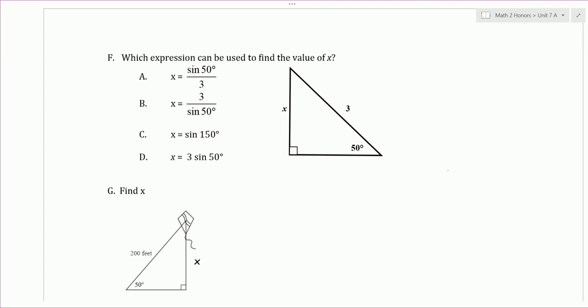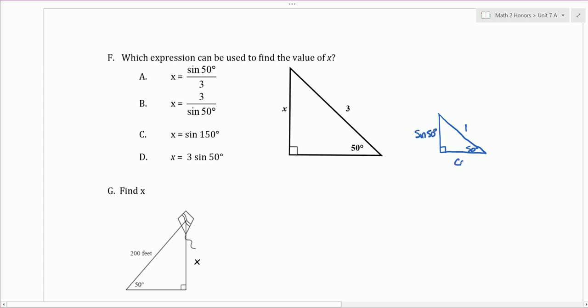Which expression can be used to find x? So I'm going to set up a triangle that's similar. One that has 90 degrees and 50 degrees, so they're similar by angle, but with a hypotenuse of 1. The hypotenuse is 1, then the opposite's going to be sine of 50 degrees.